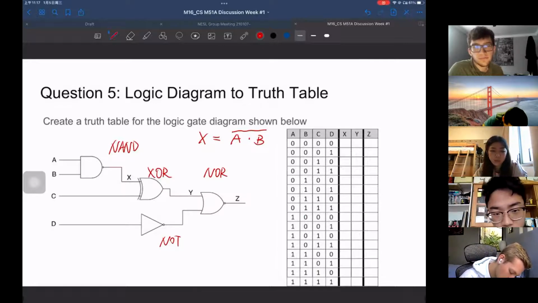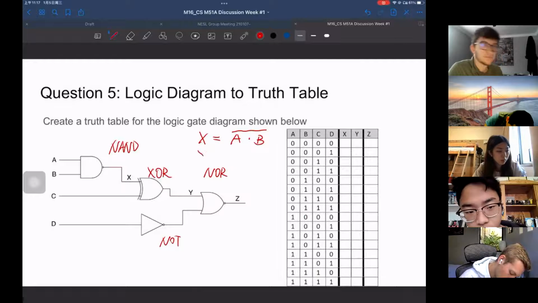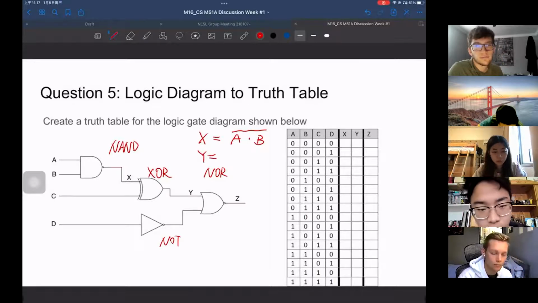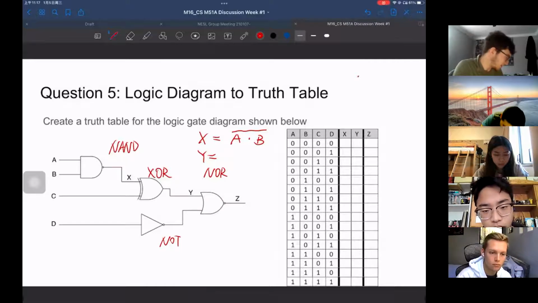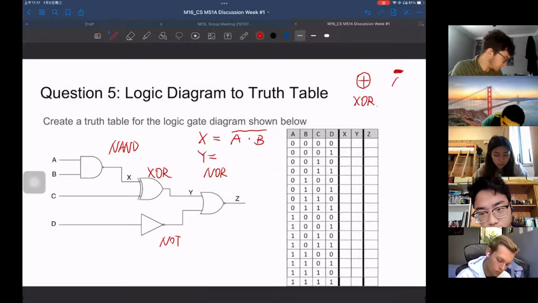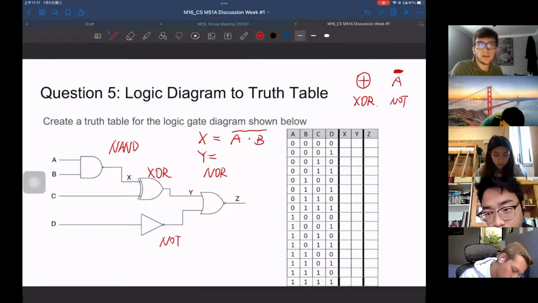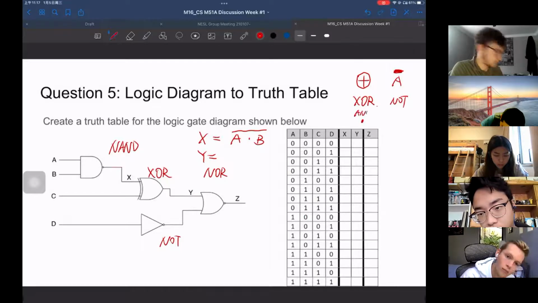Great. And secondly, how can we get Y? How do we represent Y? Did I tell you the symbol for XOR? No, I didn't. I use this one. This is AND, this is OR.